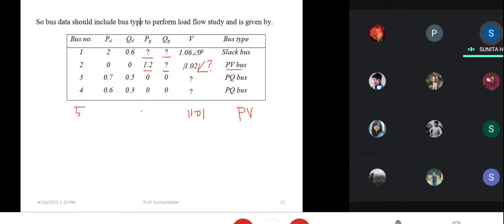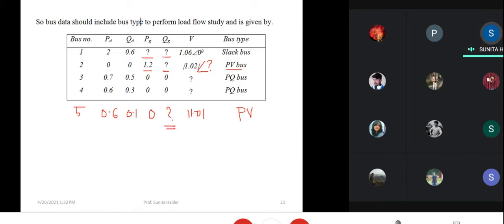Then obviously it has the active power demand of 0.6, so it will be minus 0.6. Then here it has a demand of 0.6. There may be some reactive power demand also, say 0.1. PG is not there, 0.